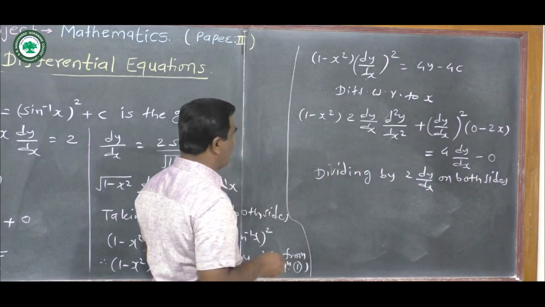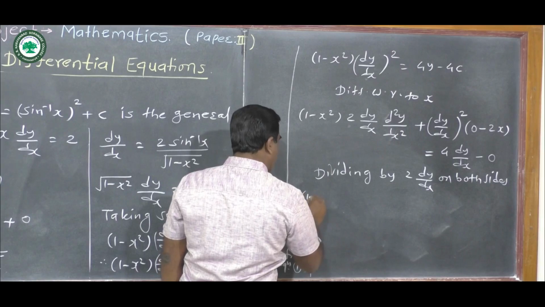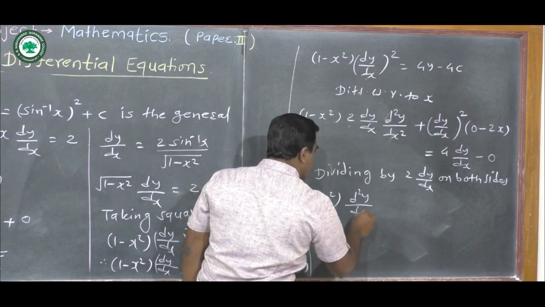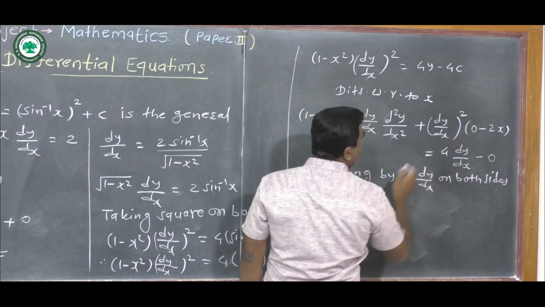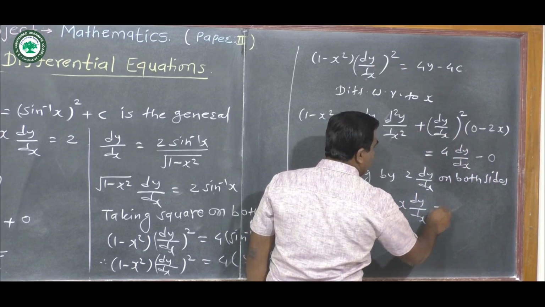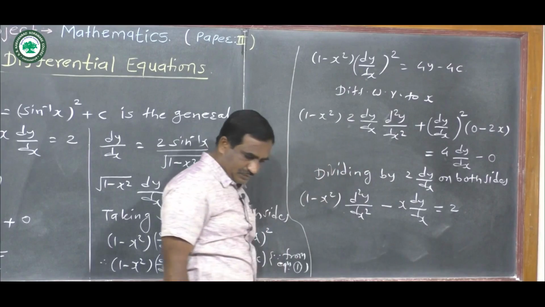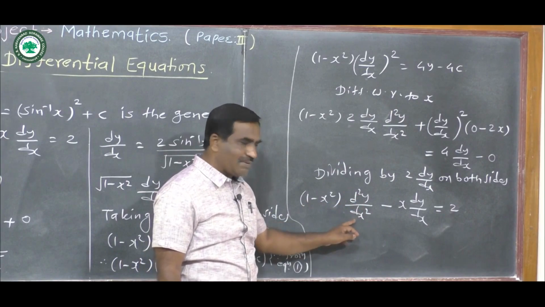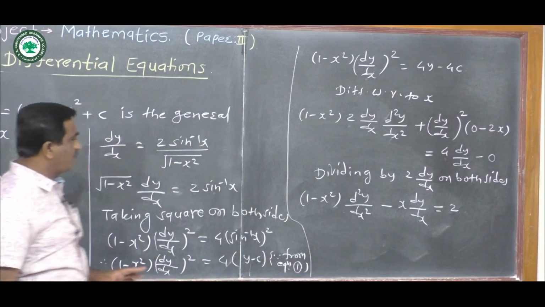Therefore, we get here this 2 upon 2 into dy by dx cancel out, remains only 1 minus x square into d square y by dx square minus, here 2 and 1 dy by dx cancel, remains only x into dy by dx equal to, here also 2 into dy by dx cancel, remains only 2. Okay, we get here in bracket 1 minus x square into d square y by dx square minus x into dy by dx equal to 2. That is, we get this equation.